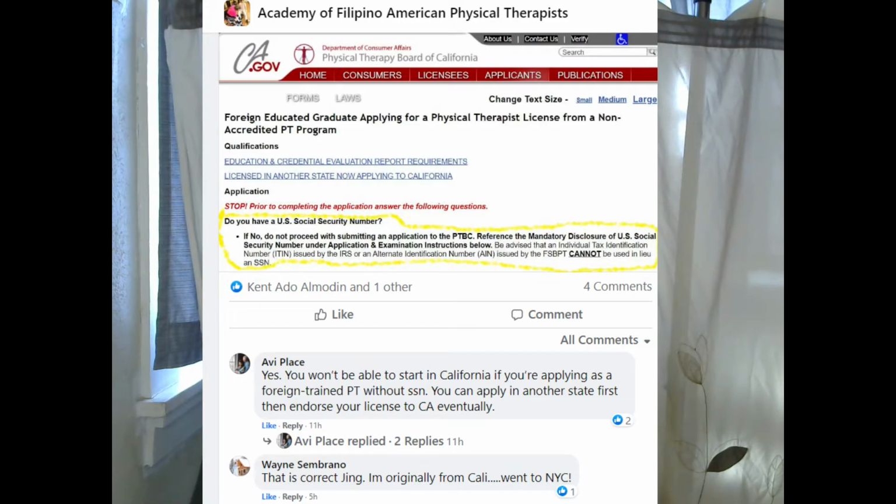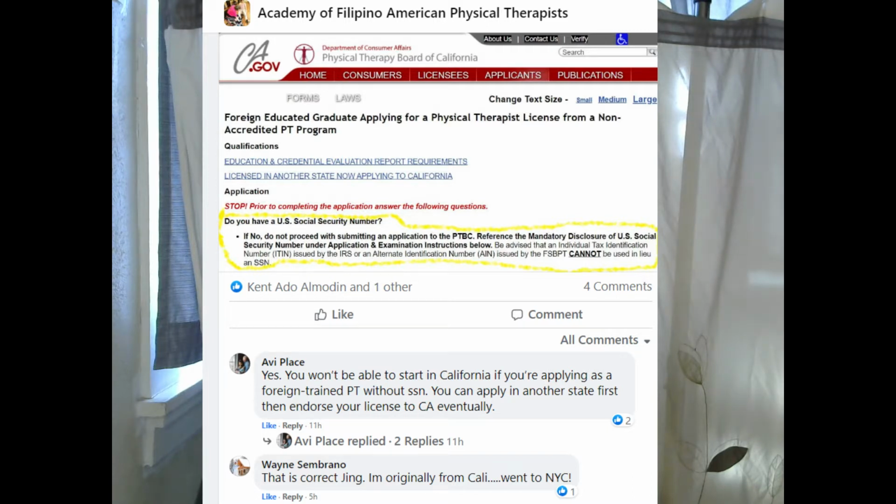If you are in another country, you don't have a working visa or immigrant visa, and you don't have a social security number, you cannot start your practice as a physical therapist in California. This is because one of the requirements in California is to have a social security number.